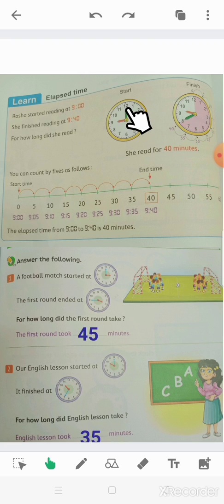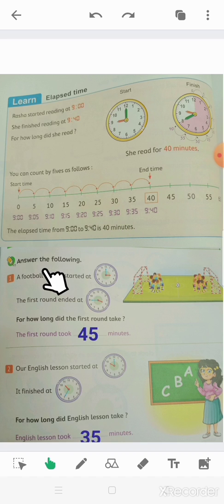Then the minute hand moves to 8. So I'm going to use table 5 or count by 5 until we reach it. 8 times 5 equals 40. So she read for 40 minutes. So the elapsed time is the minutes to read this book.